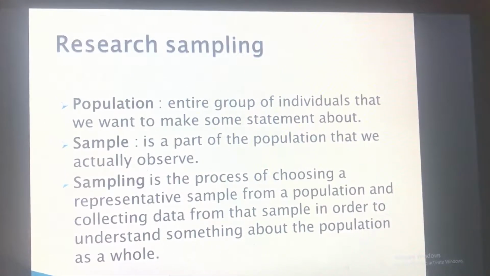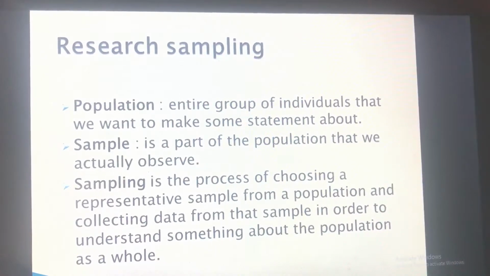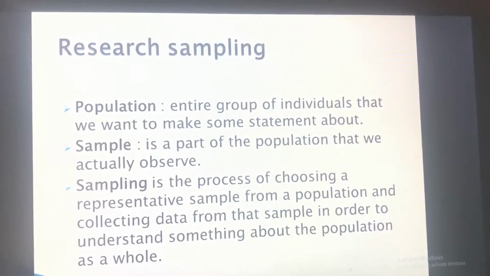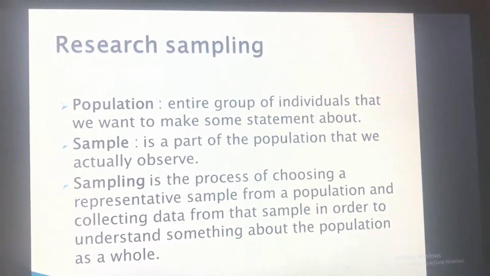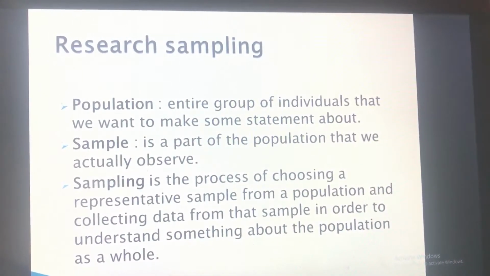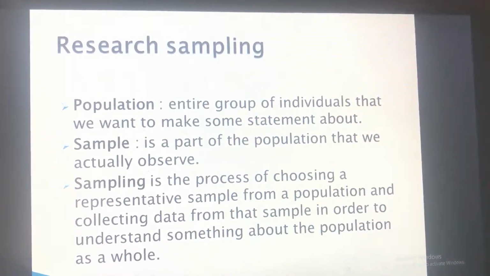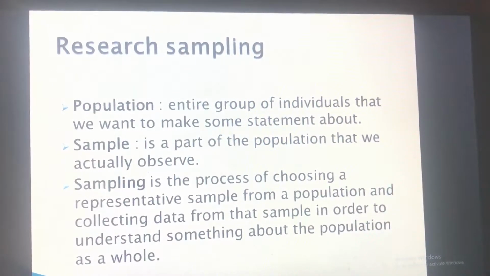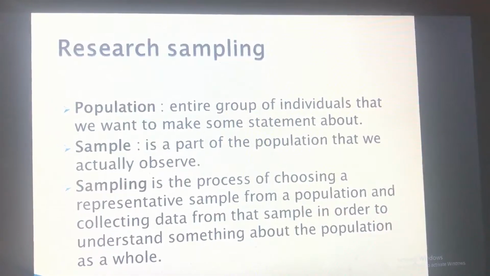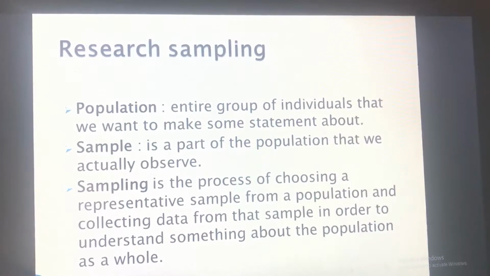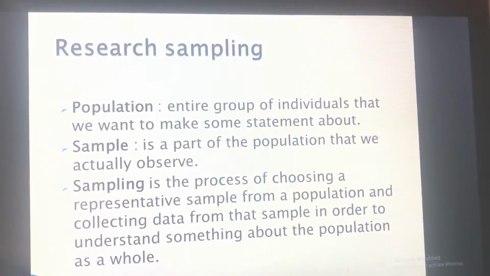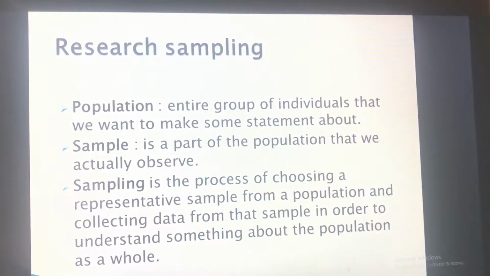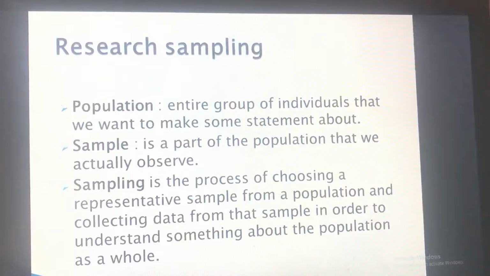That will require to have a sample, to take a part of the population, and we study that part, and the result we find will be generalized to the whole population. So the sampling method or procedure is the process of choosing that representative sample from a population.